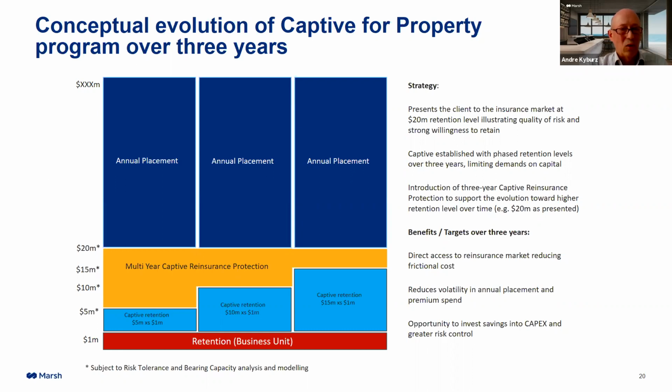It reduces the volatility in the annual placement and the premium spend, because that reinsurer that provides the capacity in that yellow bit, he might also play and provide you capacity on the annual placement above. And so you can reduce the volatility in the placement itself, but also on the premium spend.